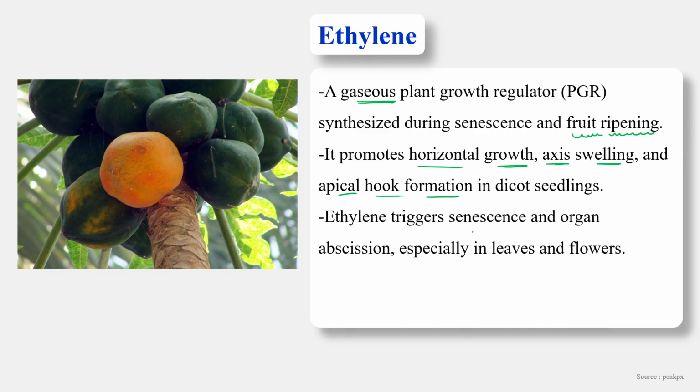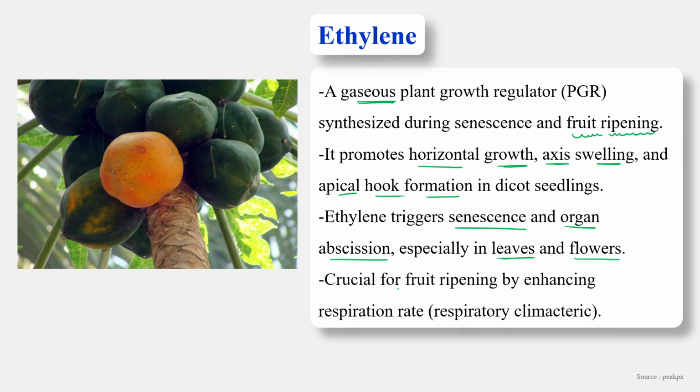Ethylene also triggers senescence and organ abscission, especially in leaves and flowers. Ethylene is crucial for fruit ripening by enhancing respiration rate, which is known as respiratory climacteric.